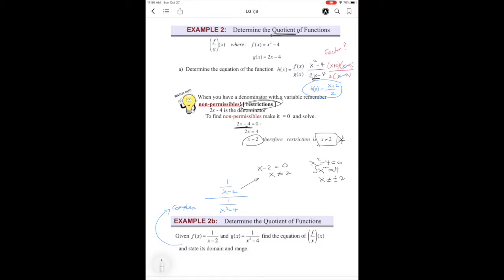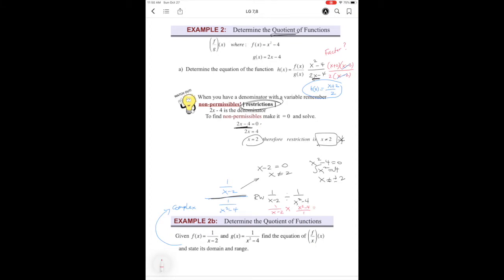Once I figured out the restrictions, I'm going to show you an easier way to do complex fractions in this case. I'm going to rewrite it as 1 over (x minus 2) divided by 1 over (x squared minus 4), and then I'm going to keep, change, flip. So change that to a times sign and flip it.